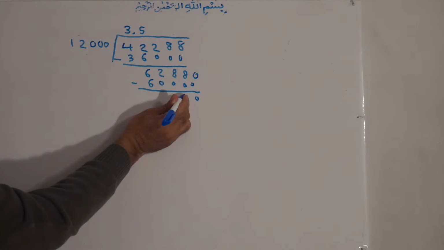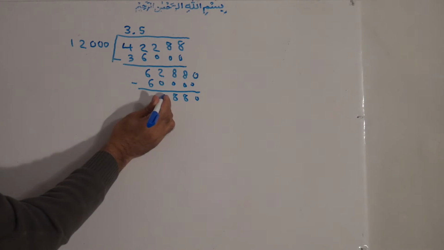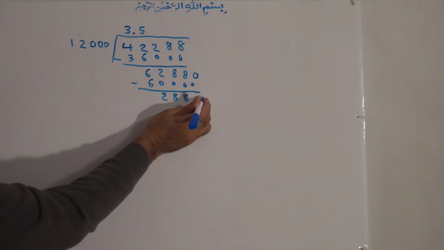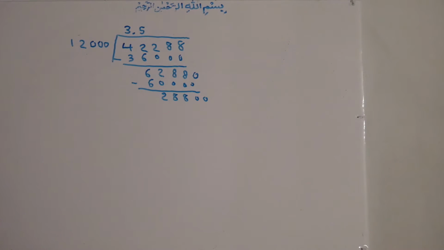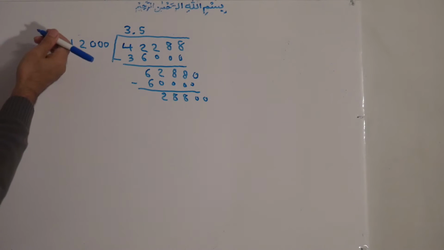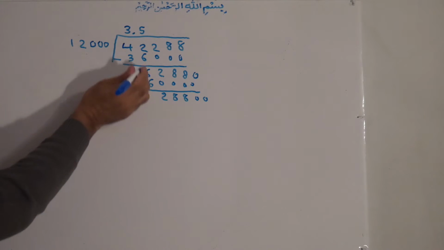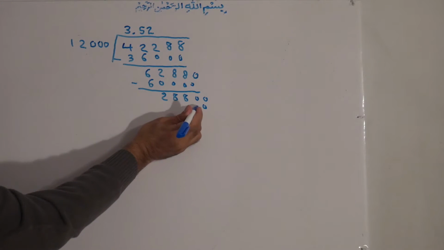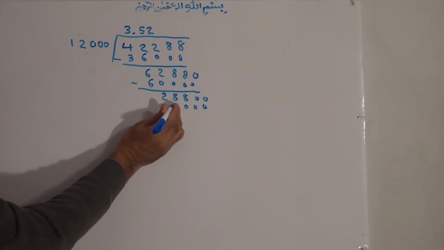Zero, 8, 8, 2. Because we have a decimal point, now we can put 0 here. It becomes 28, 2 times 12 is 24, remaining 4.